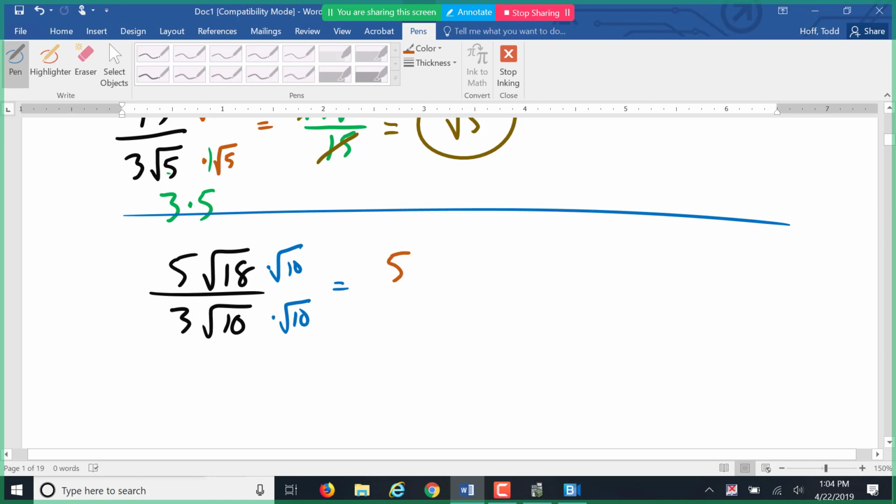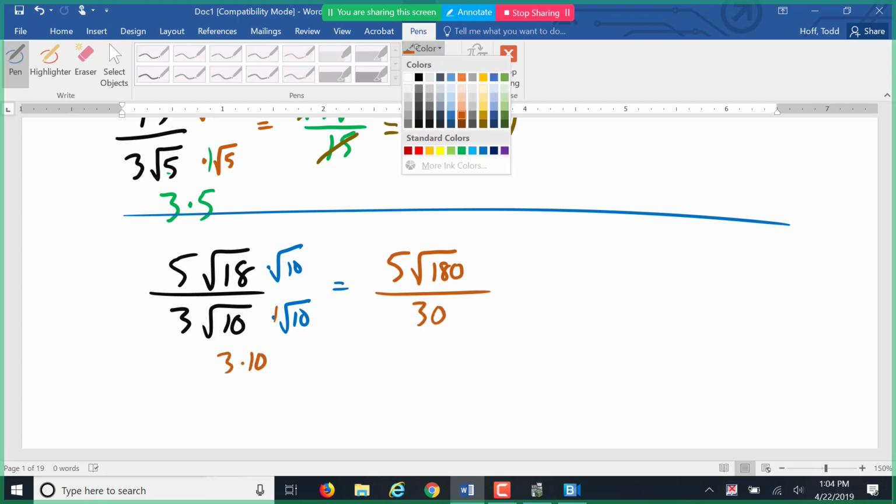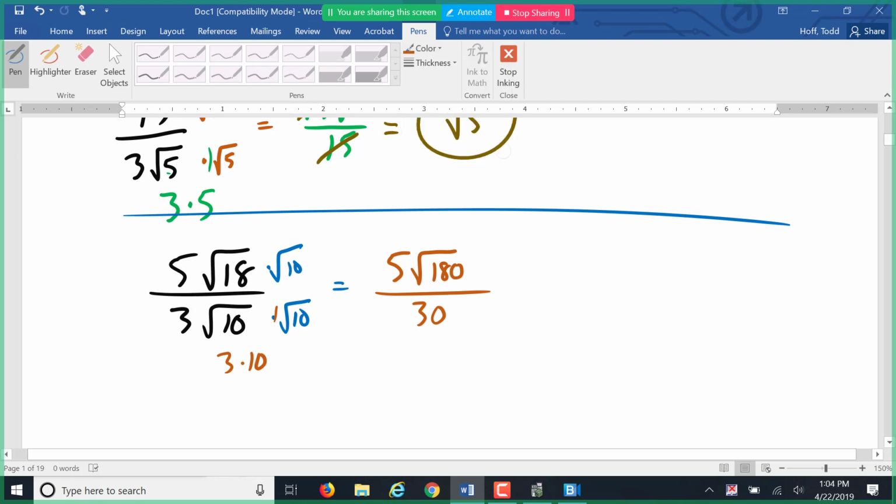On top here, you would have 5 times the square root of 180. On bottom, 3 times 1 is 3, 10 times root 10 is 10, so that's 30. You could reduce the 5 and the 30 right away, but we don't have to because there's more coming.